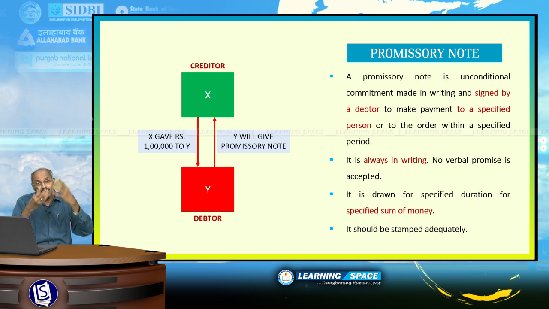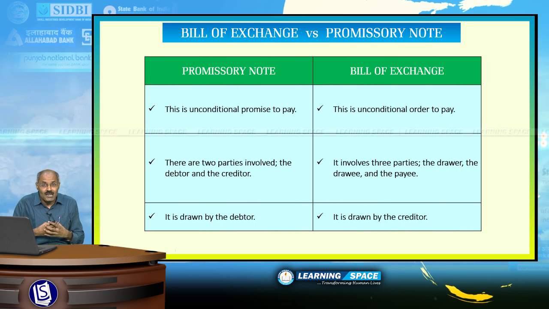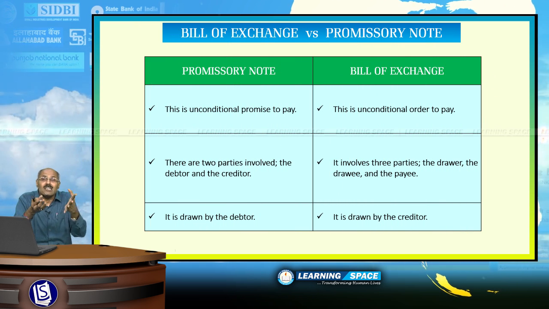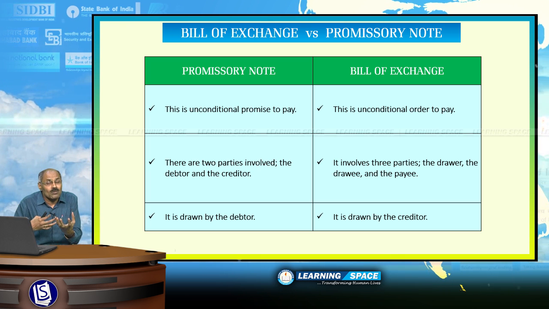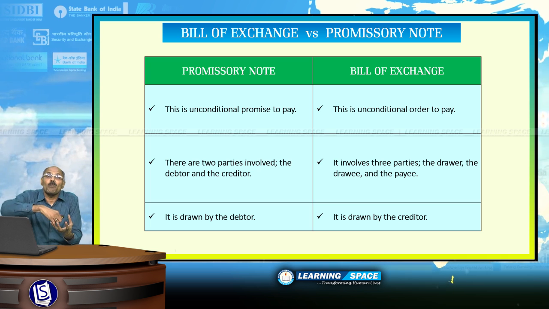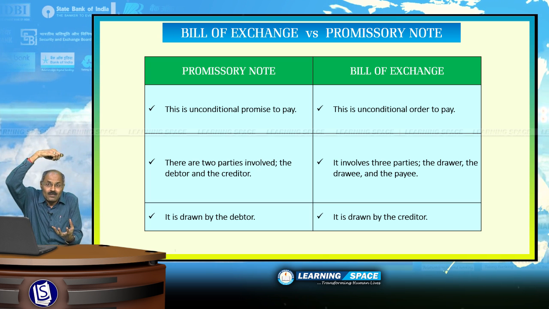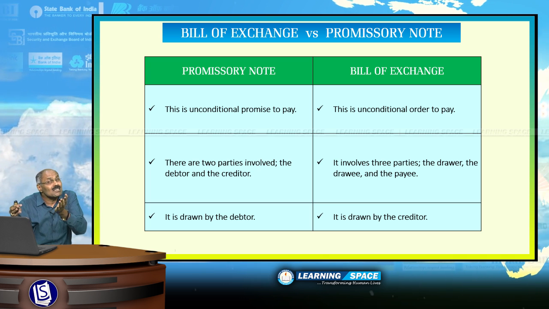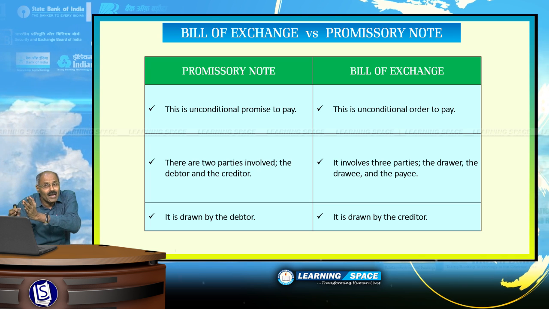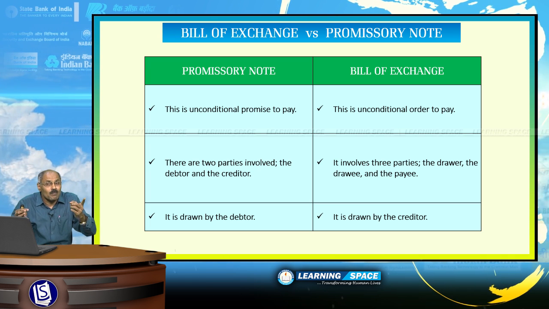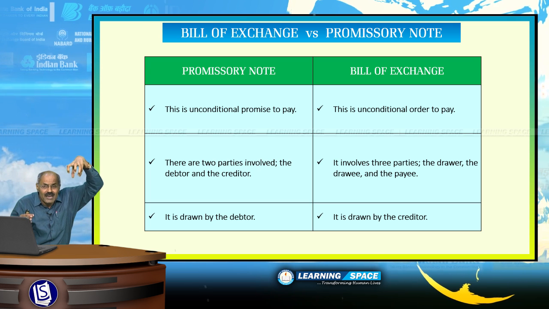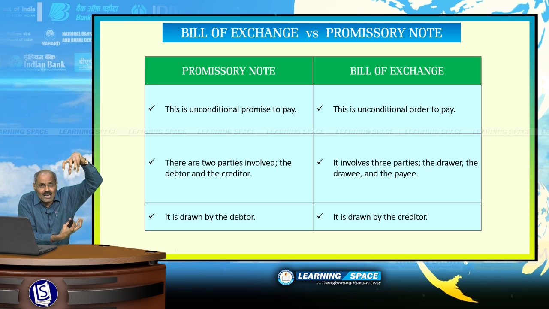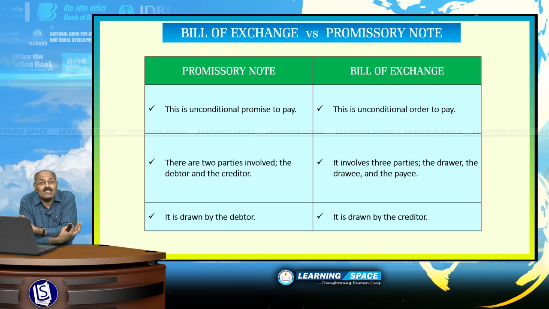And difference between promissory note and bill of exchange: promissory note is unconditional promise to pay. That means debtor will give unconditional promise to pay back to the creditor. And what is bill of exchange? This is unconditional order to pay. As I have discussed previously, this is the unconditional order given by SBI Delhi to SBI Chennai to pay to IIT Chennai.